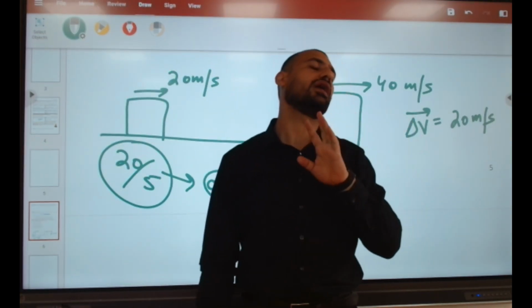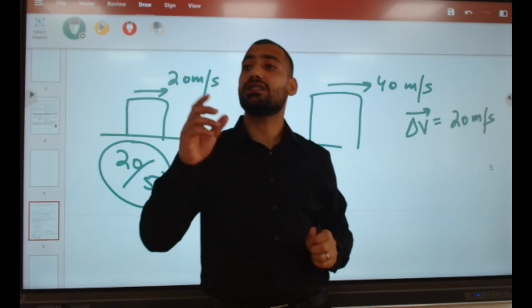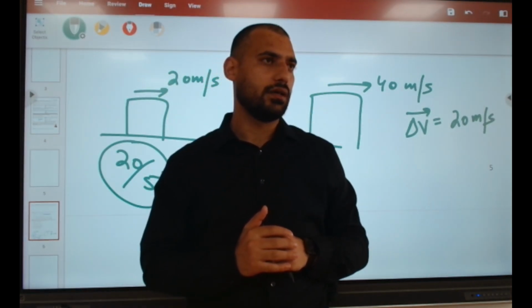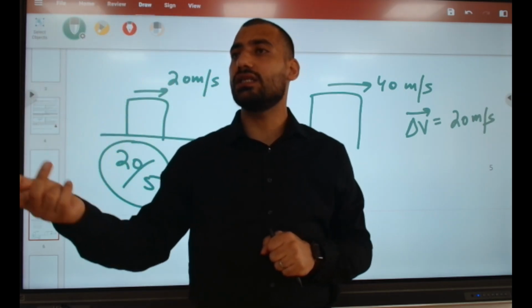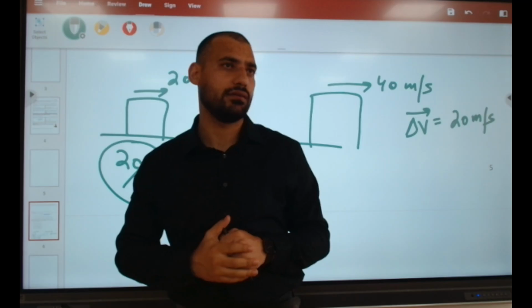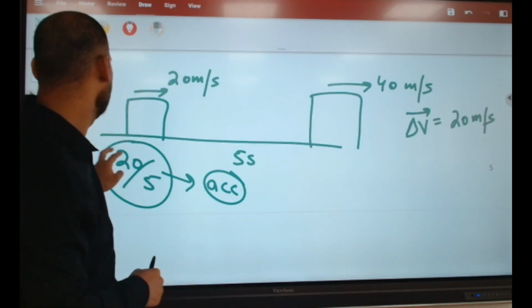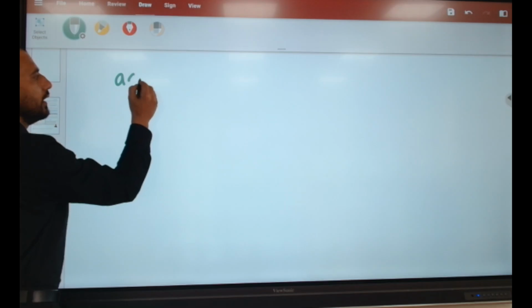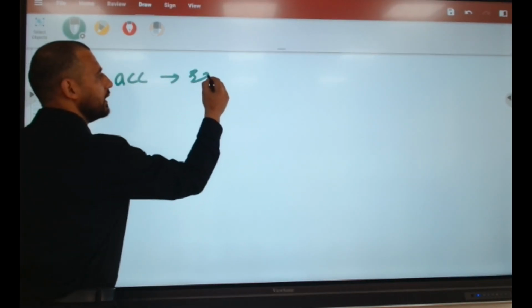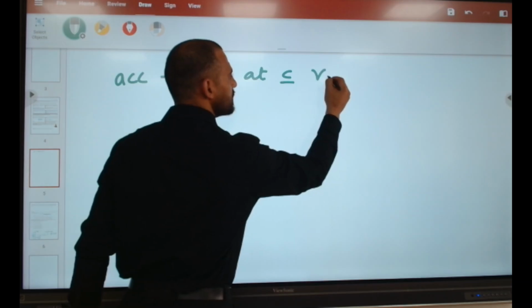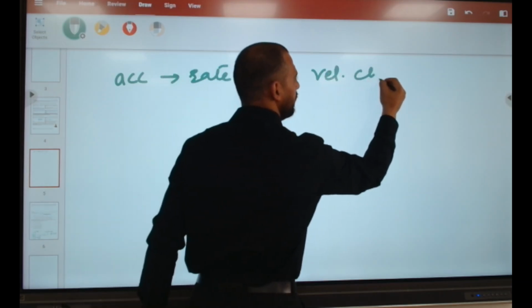Clear? Now you need to understand that velocity is a vector quantity, isn't it? So the change in velocity can be of how many types? How can velocity change? Can anyone tell me? Yes? We talk about acceleration, and I told you it is the rate at which velocity changes, okay?